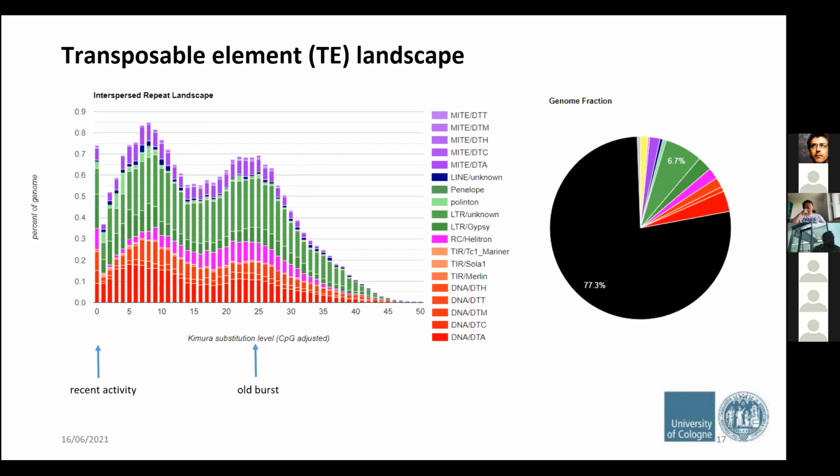Here we can see that about 23% are TEs, with activity, and three post bursts. This may be a recently active TE post burst. This analysis was conducted with the EDTA software and RepeatMasker.